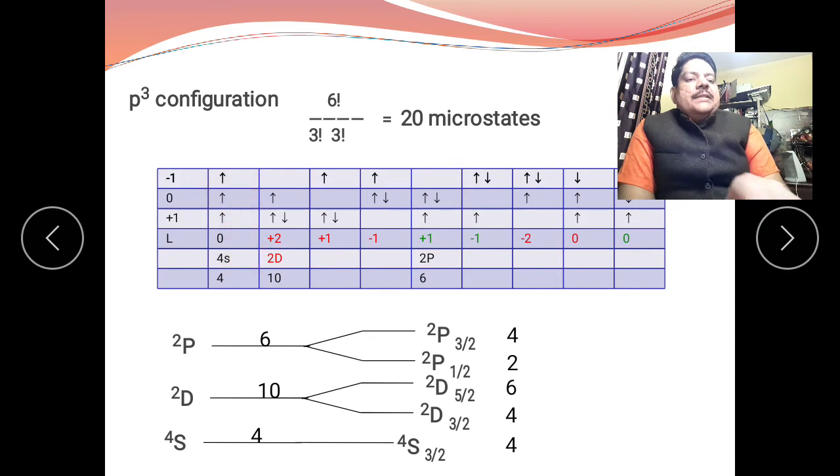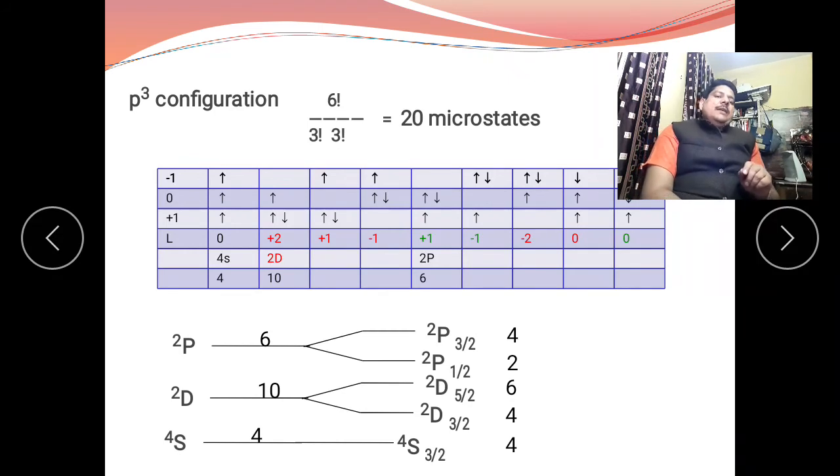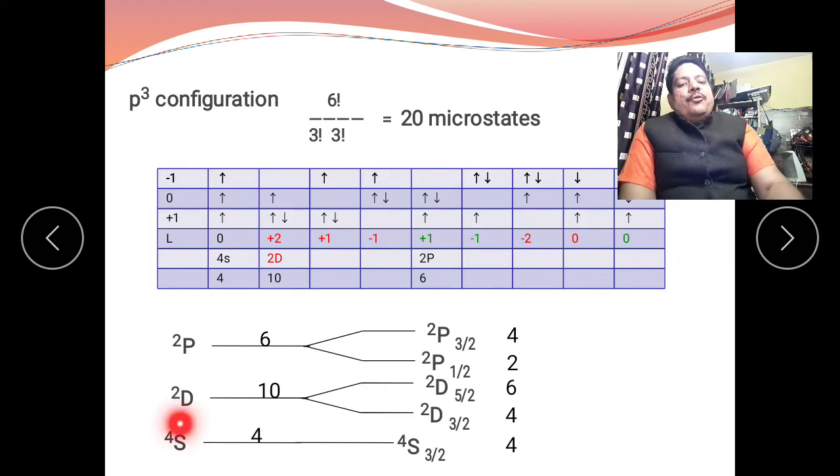If there is no pairing of electrons, only one configuration is possible, that is 1 plus half, 0 plus half and -1 plus half. The total S is plus half, plus half and plus half, that is 1.5, and 2S plus 1 is given by 4 here.